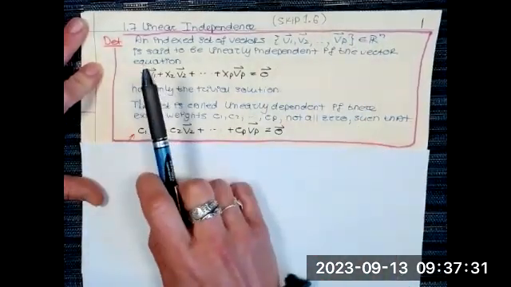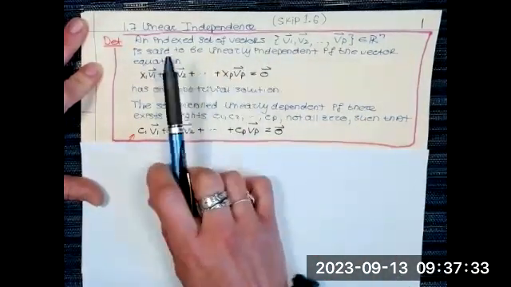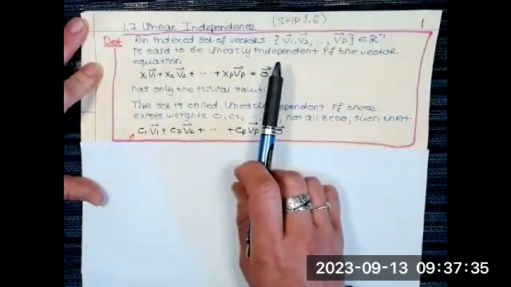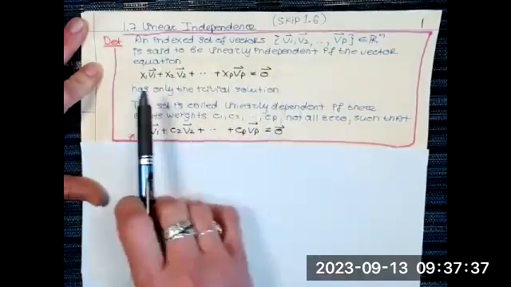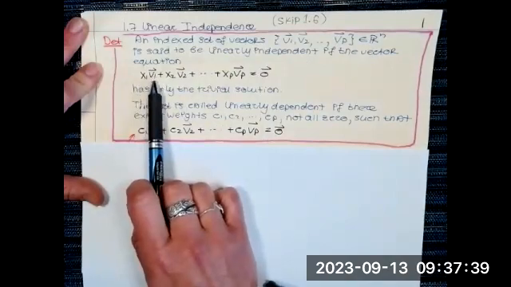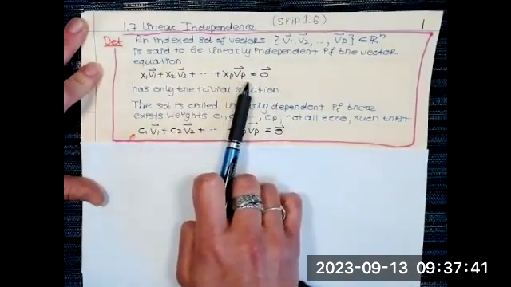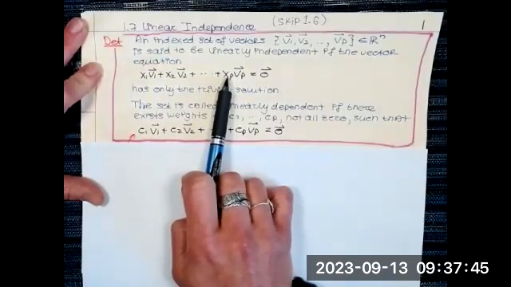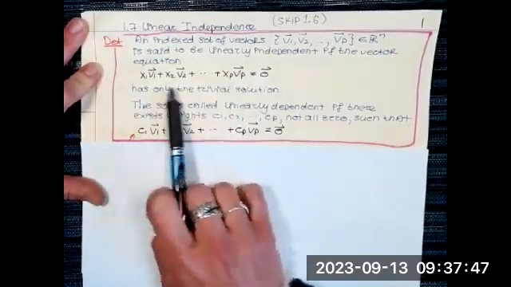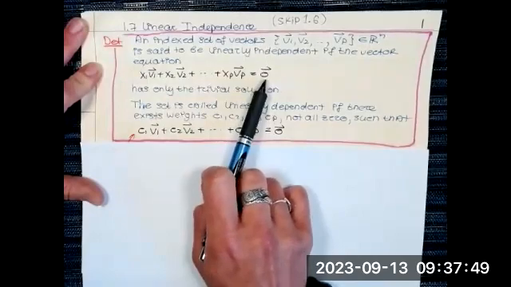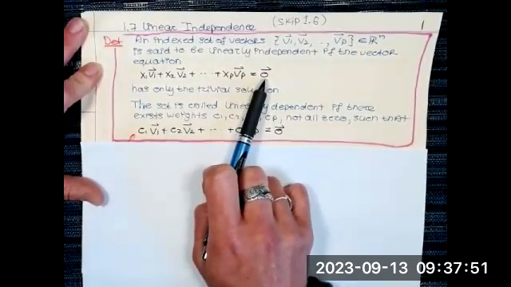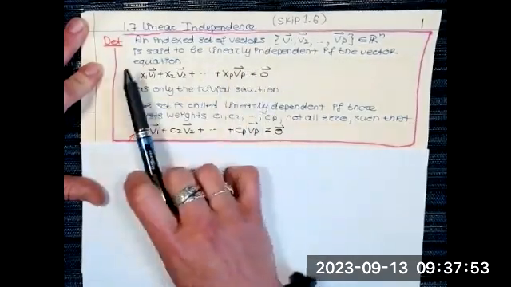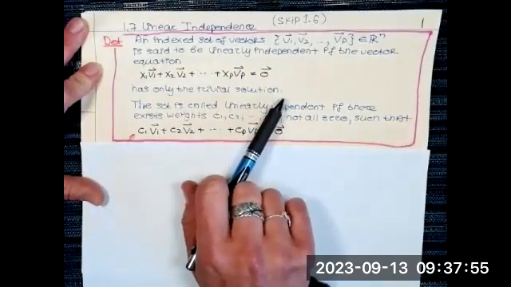This set of vectors is said to be linearly independent if the vector equation, where I take a general linear combination x1, x2, all the way to xp, just some constants multiplied by vectors, everything summed up, and if this adds up to a zero vector, has only the trivial solution.